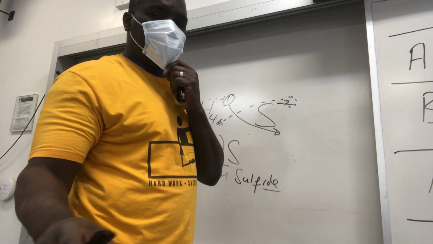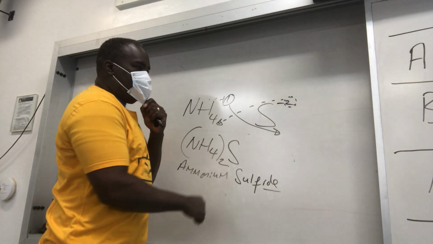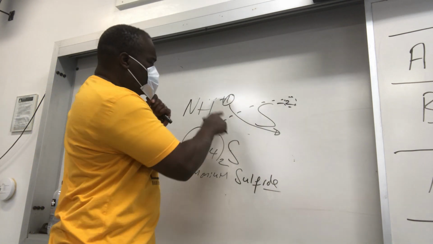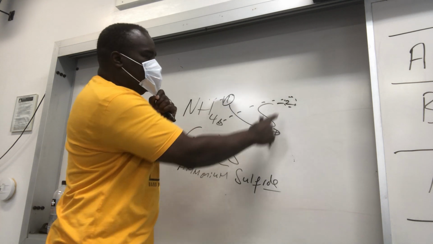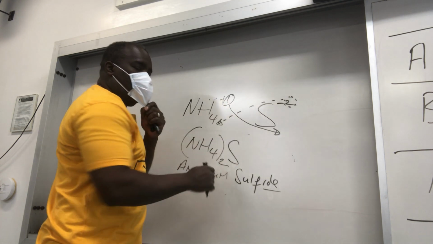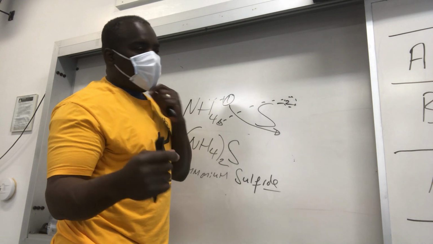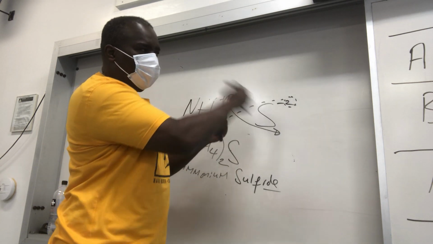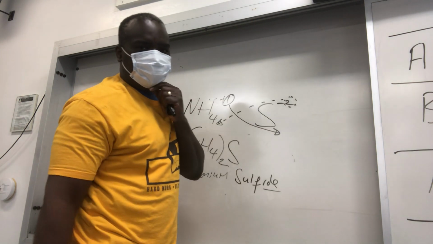One last thing, guys. When you're doing a crisscross, notice the numbers go from the charge of the other ion to the subscript, charge of the other ion to the subscript. Please don't put numbers after you cross them as exponents. What do I mean?